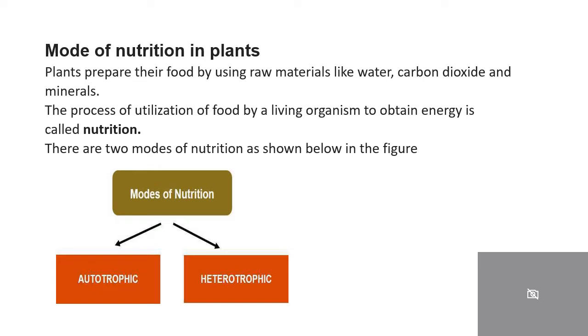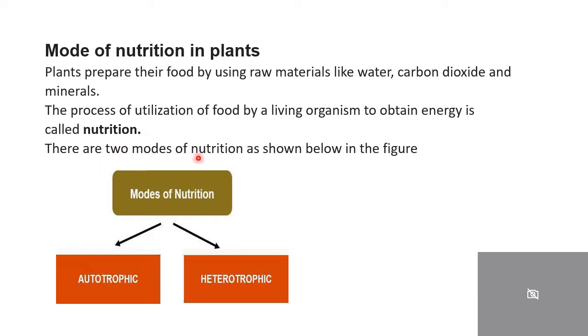Now, plants prepare their food by using raw materials like water, carbon dioxide, and minerals. And the process of utilization of food by a living organism to obtain energy is called nutrition. In simple terms, we can define it like this also.